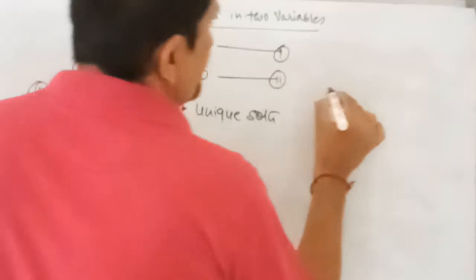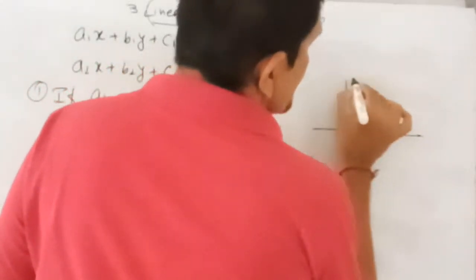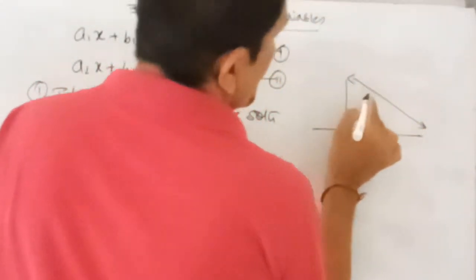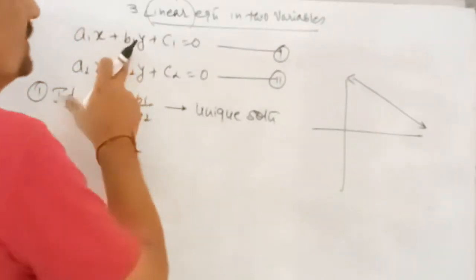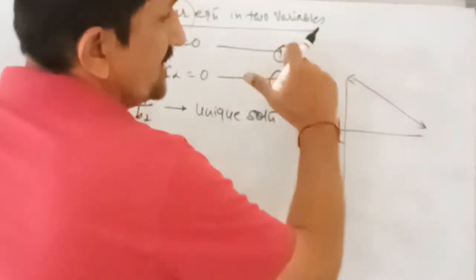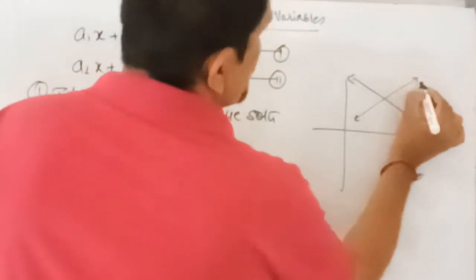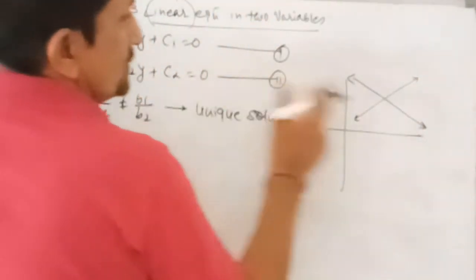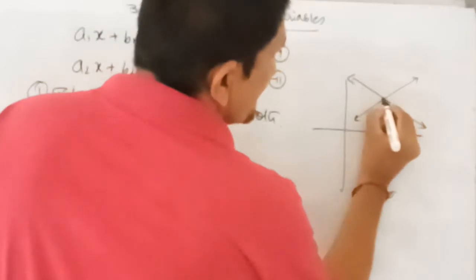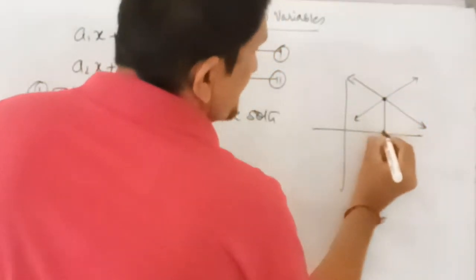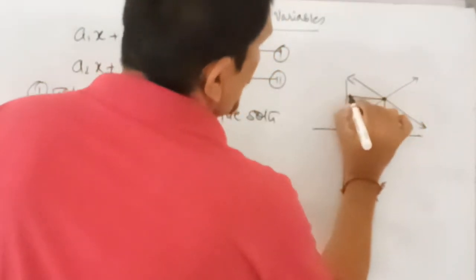Like we can say in the graph, this is the first line a1x plus b1y plus c1, and the second is this one, a2x plus b2y plus c2. These are the two lines, they are intersecting here. So that means this is the solution.